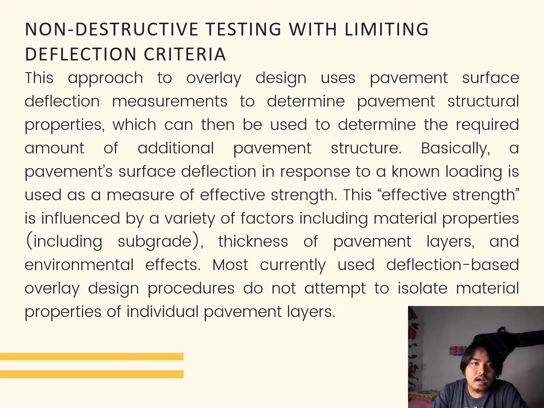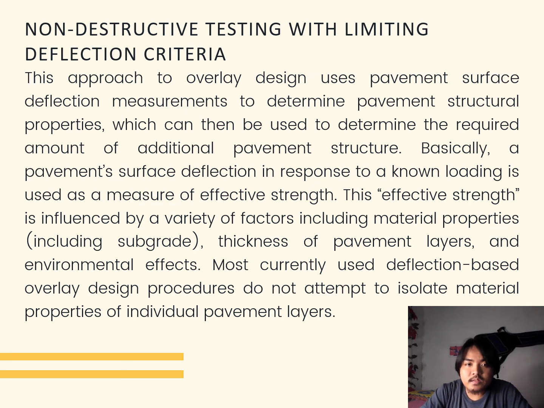Next is non-destructive testing with limiting deflection criteria. This approach to overlay design uses pavement surface deflection measurements to determine pavement structural properties, which can be used to determine the required amount of additional pavement structure. Basically, pavement surface deflection in response to a known loading is used as a measure of effective strength.